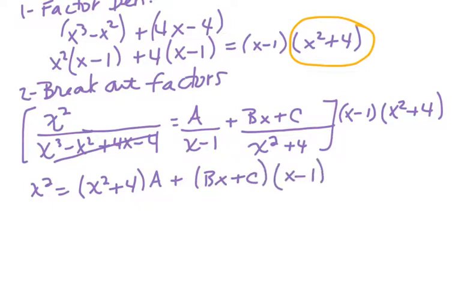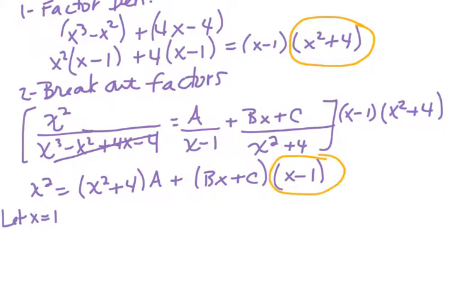So let's go about collecting terms. Maybe not. Let's choose picking values for x. Let's go down that route. So let x equal 1 because I'll be able to knock out this term.